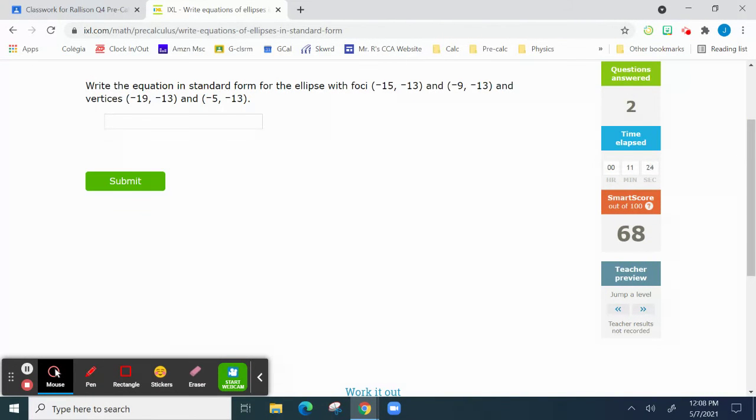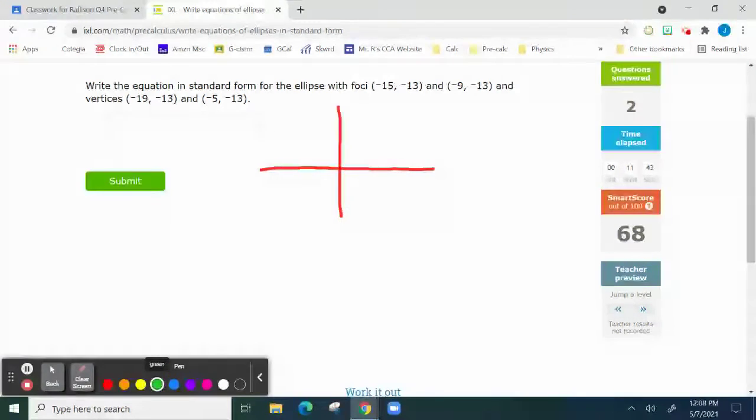That's a different question. Write the standard form equation for the ellipse with the foci there, and the vertices there and there. So I feel like we kind of already did one of these, but that would have been in the last video. So let's just do it again. All right, so here we go. I'm going to use green, I guess.